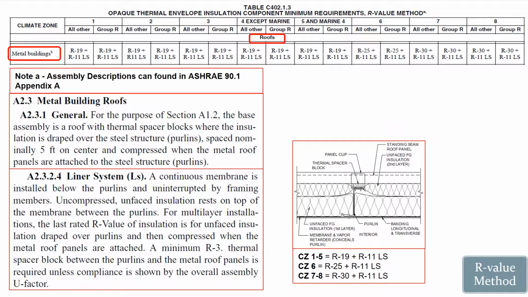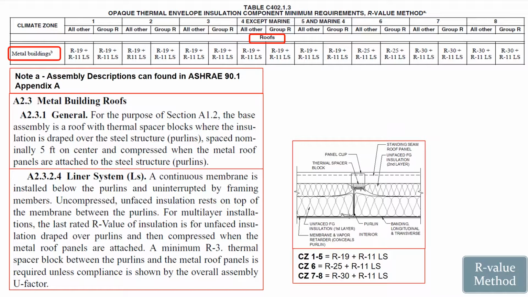You would have your R3 thermal spacer block, your standing seam roof, your purlins spaced no more than 5 feet on center if you're using the R value method. And the lower insulation would be the R19 or the R25, or it could be the R30, which would be unfaced.